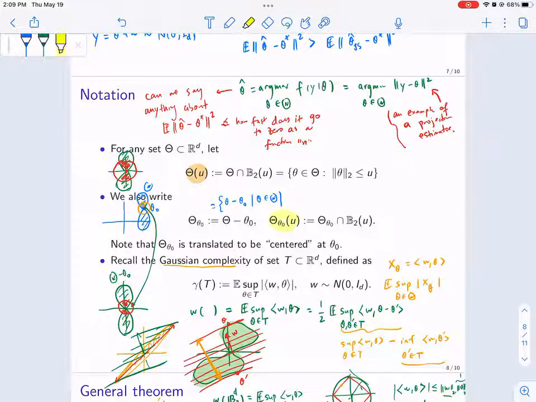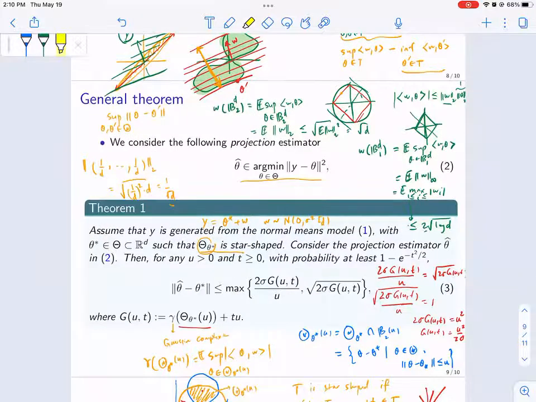This is saying I'm going to shift Theta by subtracting theta naught, and then I'm going to intersect with a ball of radius u around 0, which is effectively intersecting with a ball of radius u centered at theta naught if you look at the original Theta.